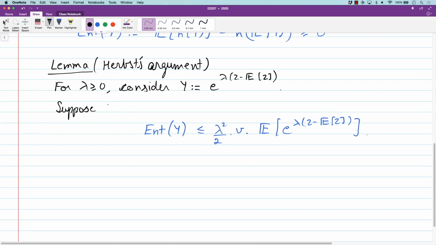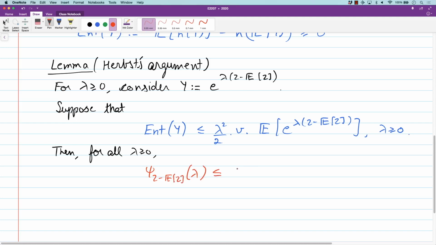Suppose that this bound holds for all lambda greater than 0. Then very interestingly, what follows is that for every lambda greater than or equal to 0, you have the same sub-Gaussian bound, lambda square by 2v.